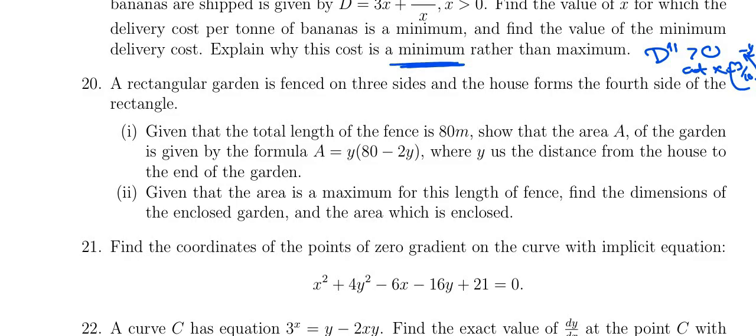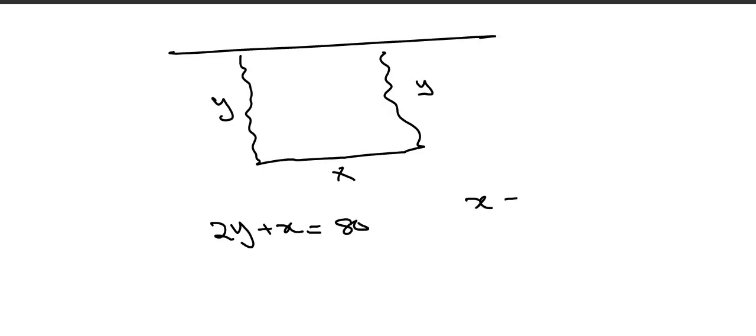Number 20 here says a rectangular garden is fenced on 3 sides and the house forms the 4th side. You know how we make up a rectangle, so we've only used this portion and this portion. Call this y, call this y, call this x. The total perimeter was 80, meaning 2y plus x is equal to 80, so x is equal to 80 minus 2y.